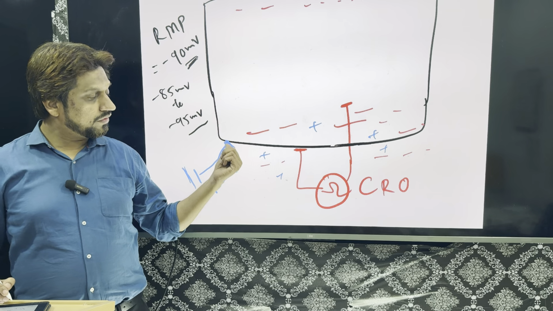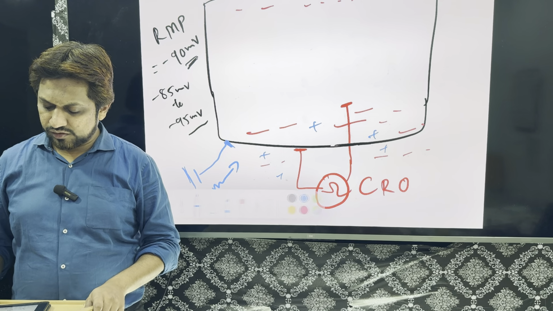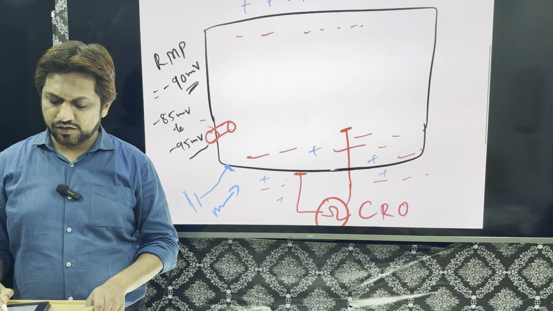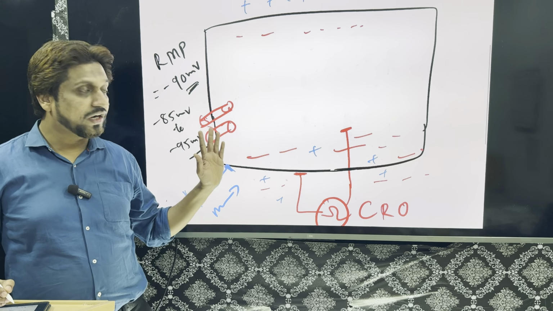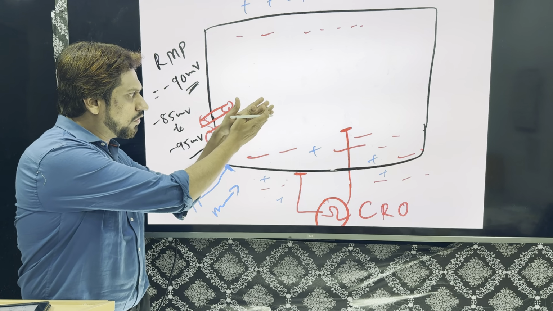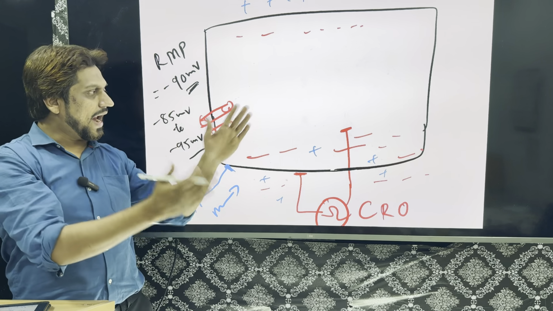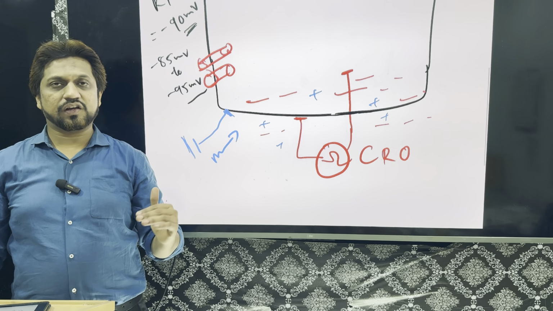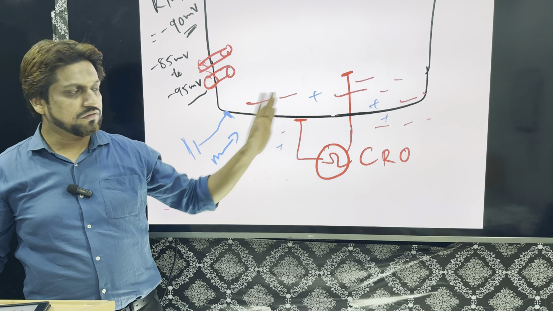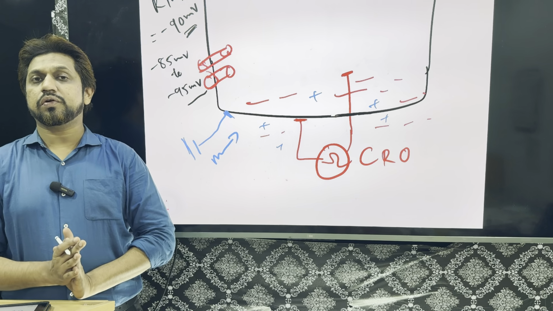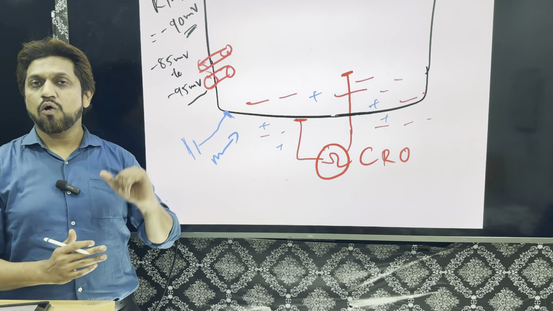Due to this electrical stimulus, many of the ion channels present on this cell membrane, like sodium, calcium, potassium, get opened up, and a few ions will move from outside to inside and a few from inside to outside, and there is a deflection in the net charge. That deflection in the potential difference when the cell is stimulated is simply termed as action potential. Hope the concept is clear. What is resting membrane potential and what is action potential?